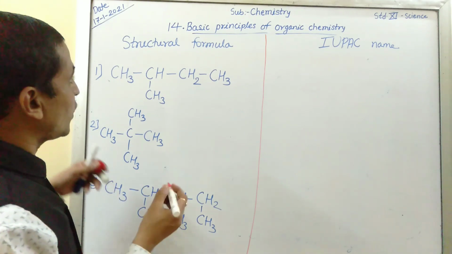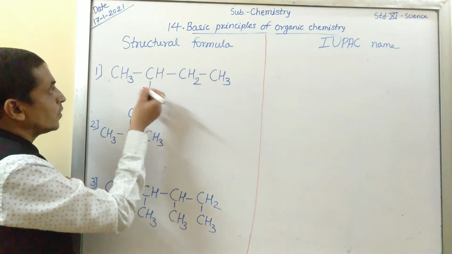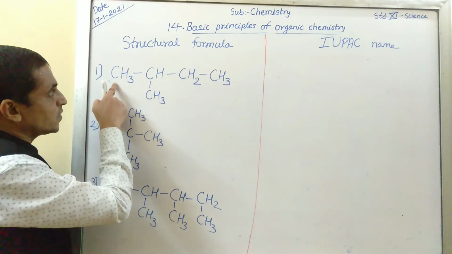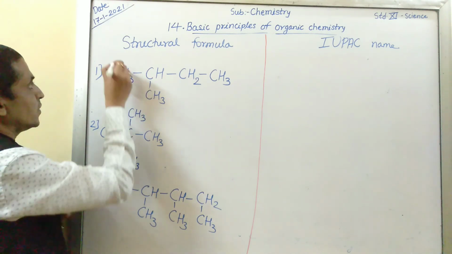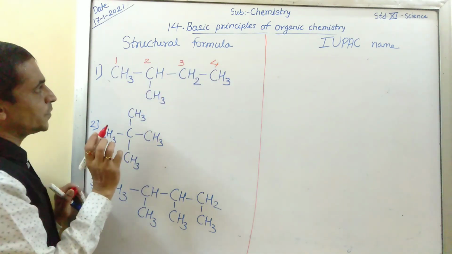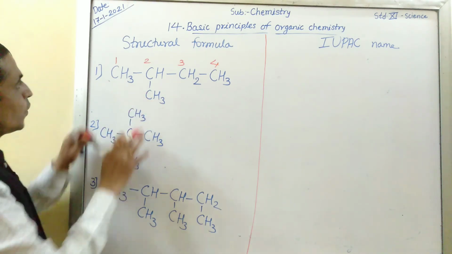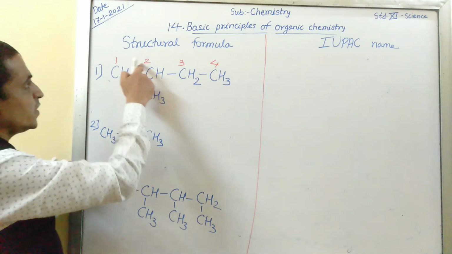Start IUPAC, how to give the IUPAC name to this compound. Now see, first we have to select the longest chain containing the maximum number of carbon atoms. If you consider this 1, 2, 3, 4, here only 4 carbon atoms are present, this numbering is correct.